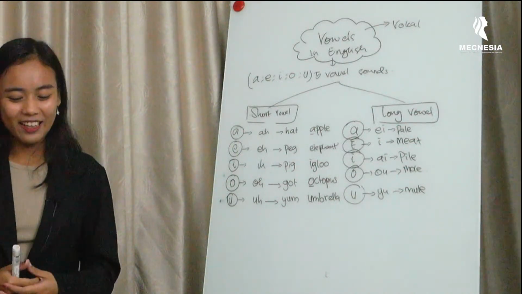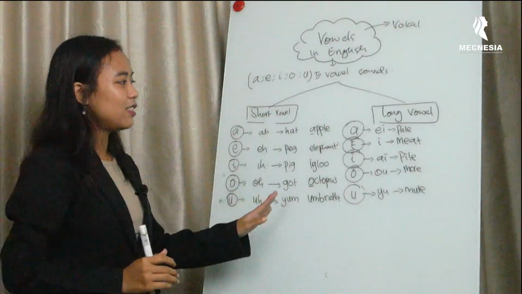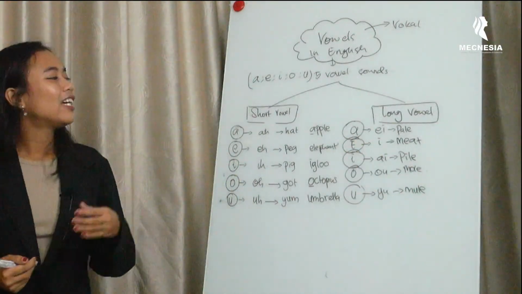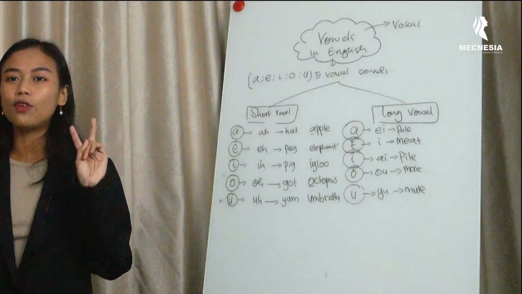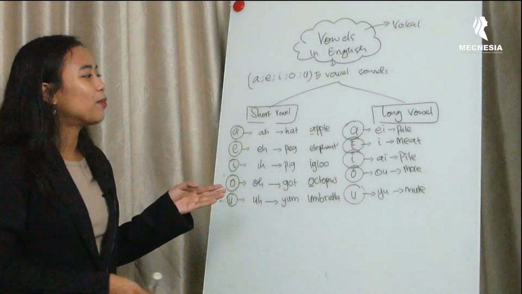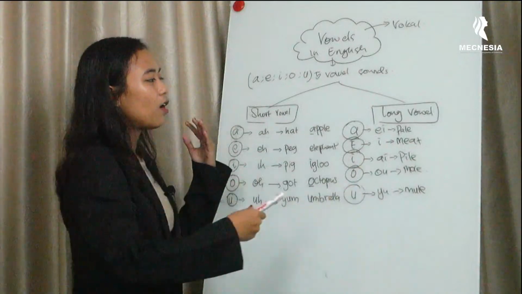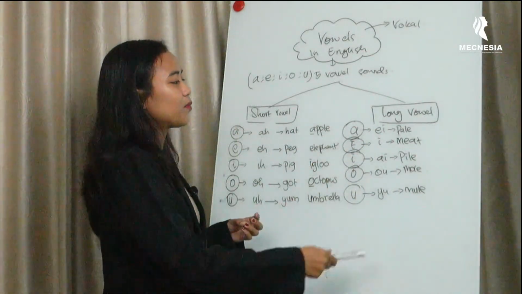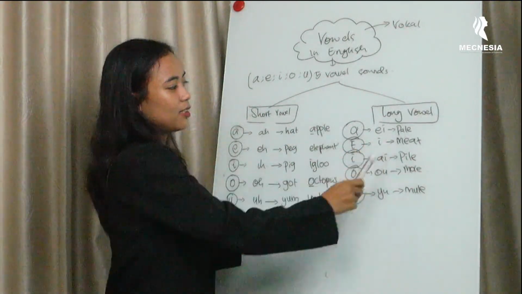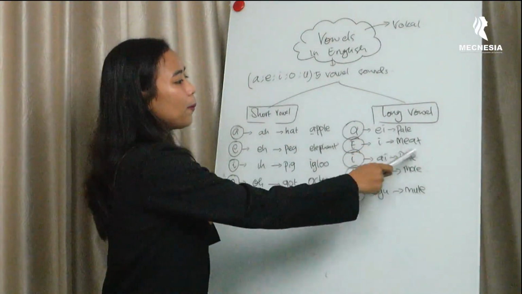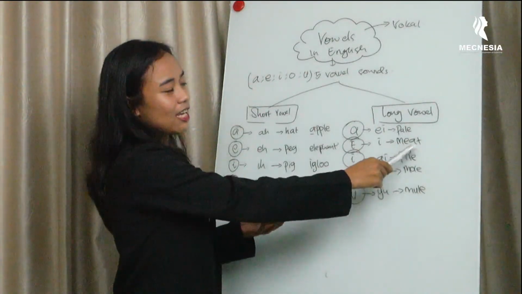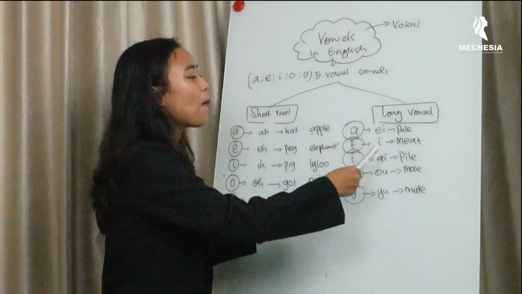Mule. Okay. So, as you can see here, jadi semua di sini Miss pakai kata-kata yang singkat and they have two vowel sounds. Jadi mereka punya dua huruf vokal dalam kata itu. For example, the first, pale. We have A and E. And then in the word meat, we have also E and A. The next one, pile.